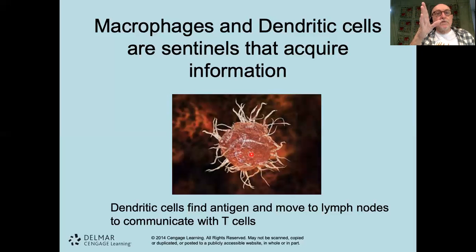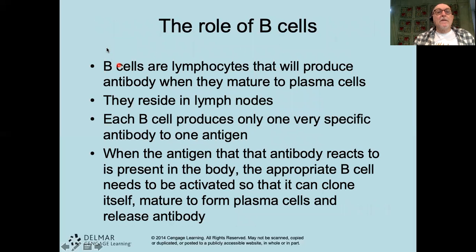Let's go through the types of lymphocytes whose function we need to understand. The very first one, and the ones which are going to feature so prominently in this response, are lymphocytes that are called B cells.